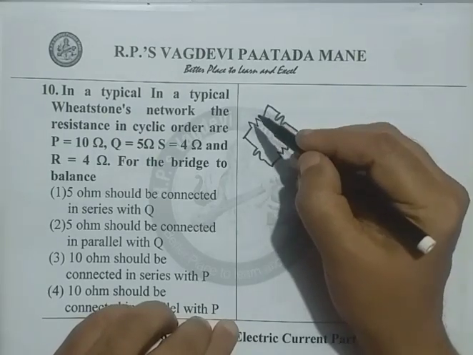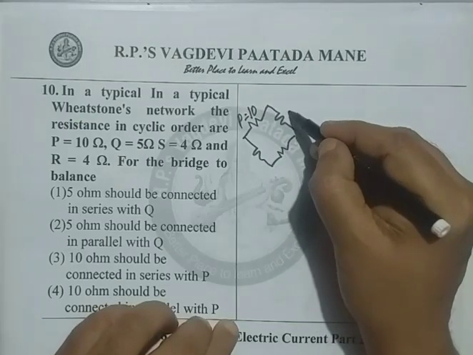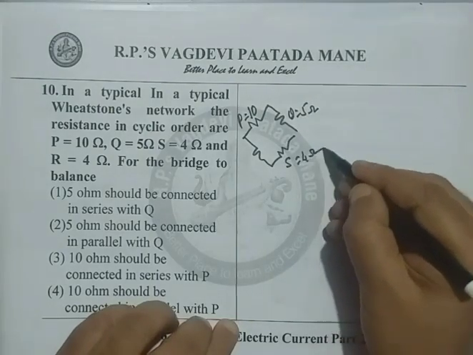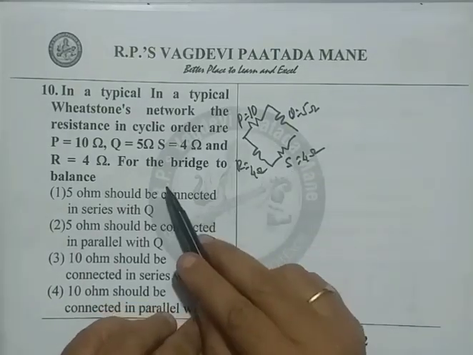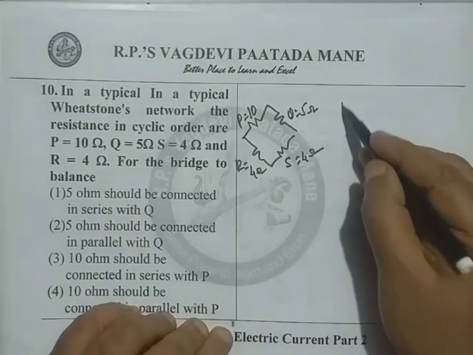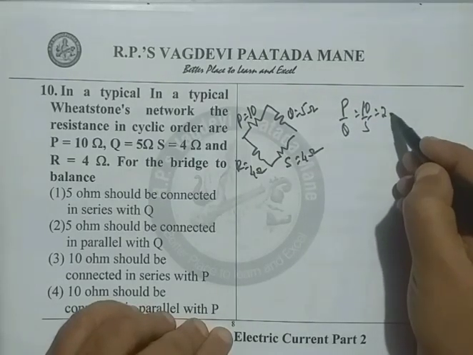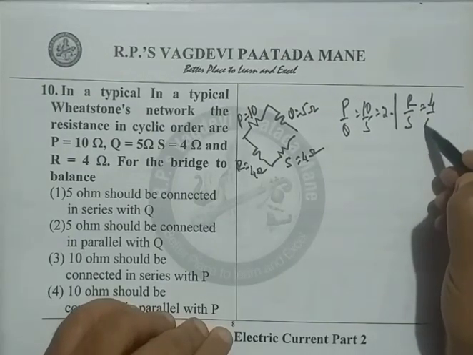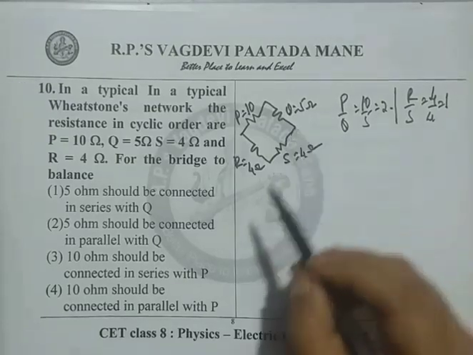Even though it's not required, we can do it in the mind, but for the sake of clarity, we write Q equals 5 ohms, S equals 4 ohms, R equals 4 ohms. Now we take the ratio. P by Q is 10 by 5, which is 2. In the same manner, R by S is 4 by 4, which amounts to 1. So as P by Q is not equal to R by S, the bridge is not balanced.